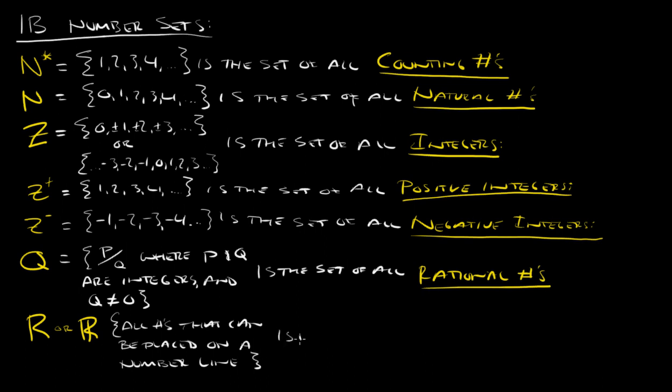And this is the set of all real numbers. Okay. So these are the big seven: counting numbers, natural numbers, integers, positive integers, negative integers, rational numbers, and real numbers. And again, this is any number that you could possibly think of, the real numbers.